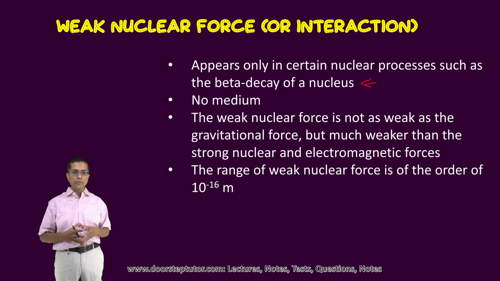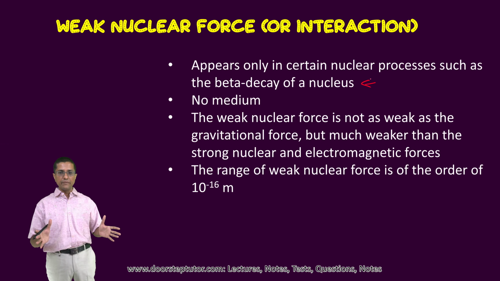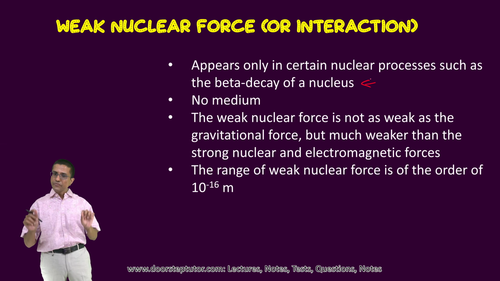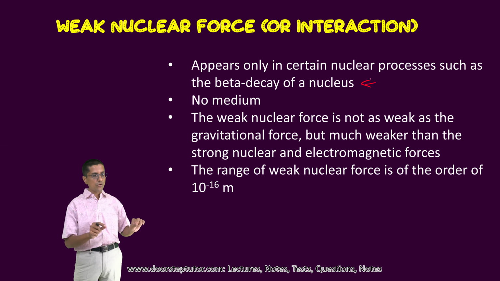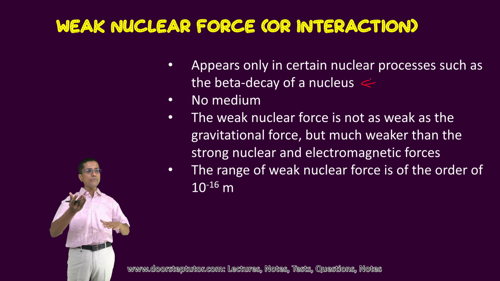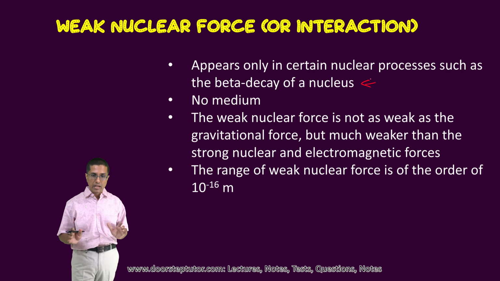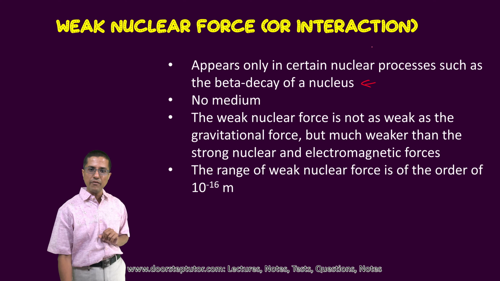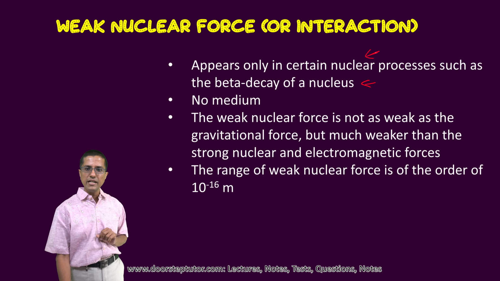See, the weak nuclear force is in between. It is not as weak as the gravitational force, but it is much weaker than the electromagnetic and strong nuclear forces, right? So it is stronger than the gravitational force, but weaker than the other forces. One of the things to understand here is why forces are suddenly present in beta decay.